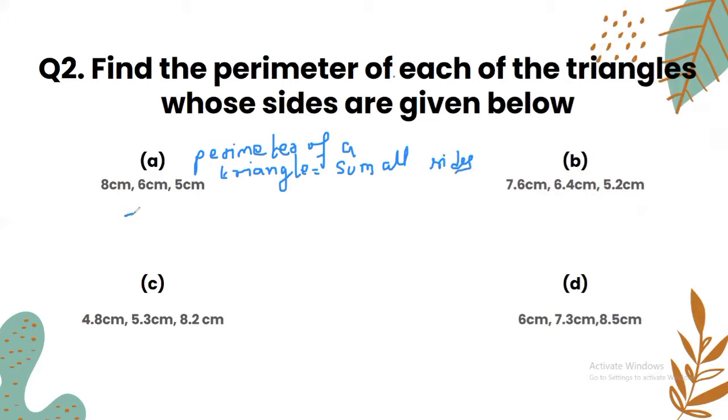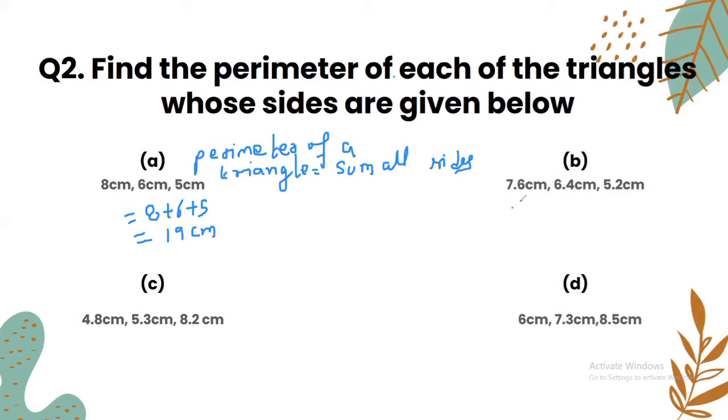So right now, which are the sides? 8 plus 6 plus 5. So the answer will be 8 plus 6 is 14, 14 and 5 is 19, 19 centimeter.